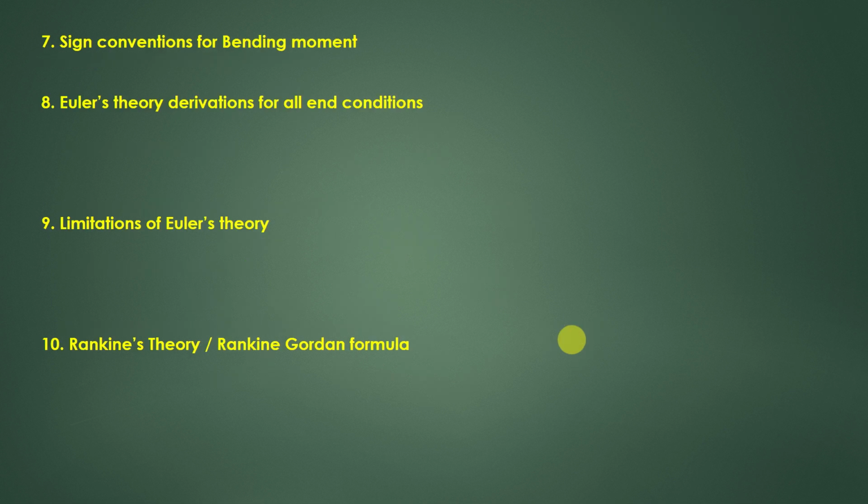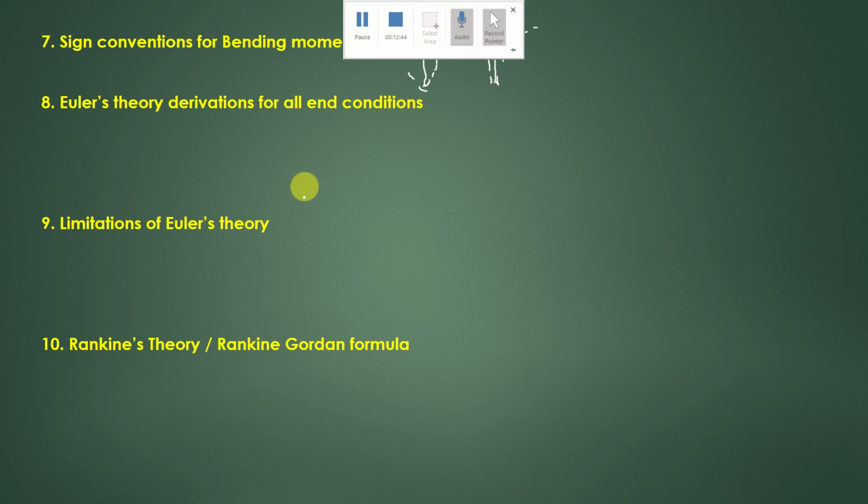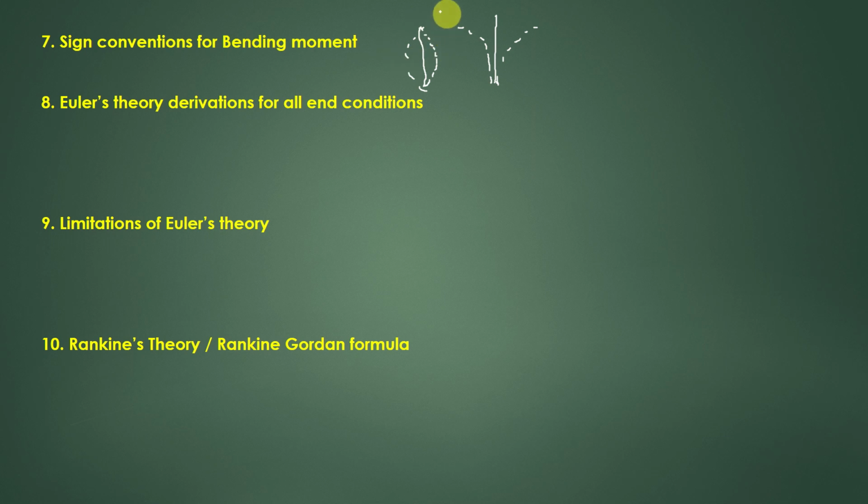And let us go for the next topic, that is sign conventions for bending moment. Here we have concavity and convexity. The beam may bend like this, or the beam may bend like this. It is very simple, and it is opposite to your bending moment for the beams.